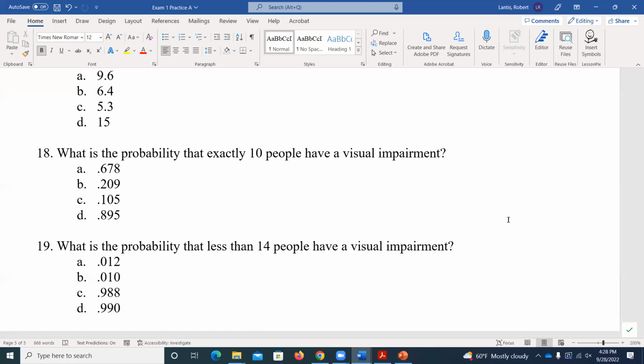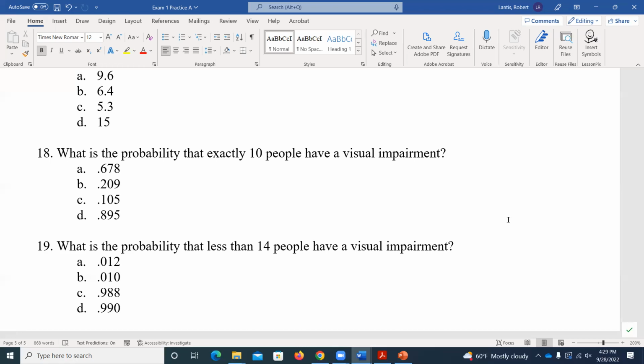So 15 minus 15 is what? 0. Anything to the 0 power, I can ignore that. 0 factorial is 1. I can ignore that. All I really have to put in my calculator is 0.64 to the 15. Then for this one, 1 factorial is 1.